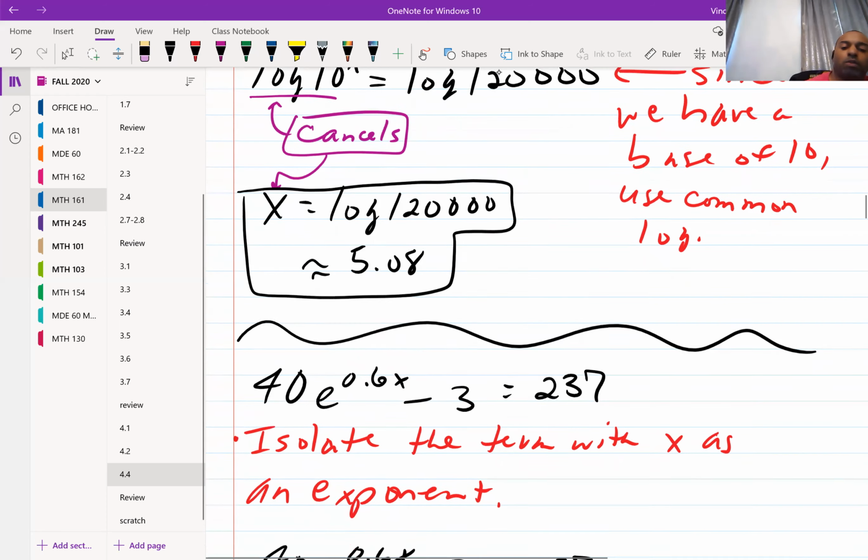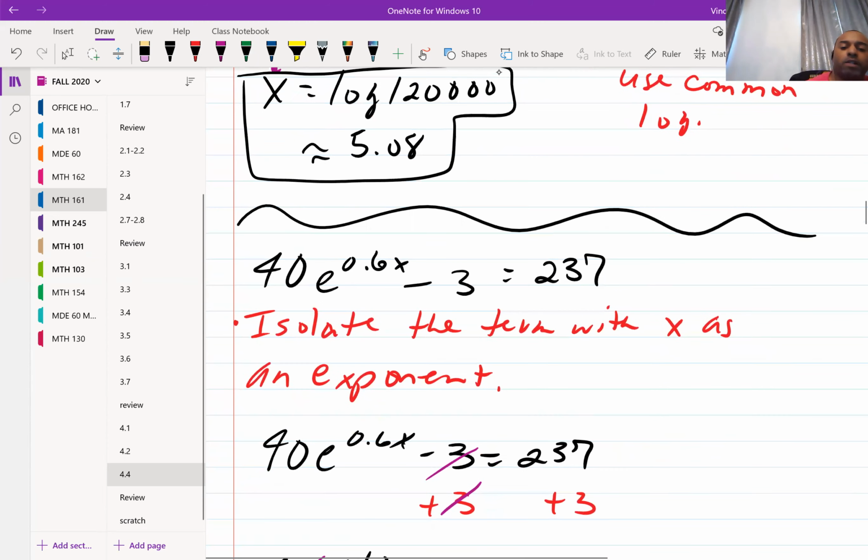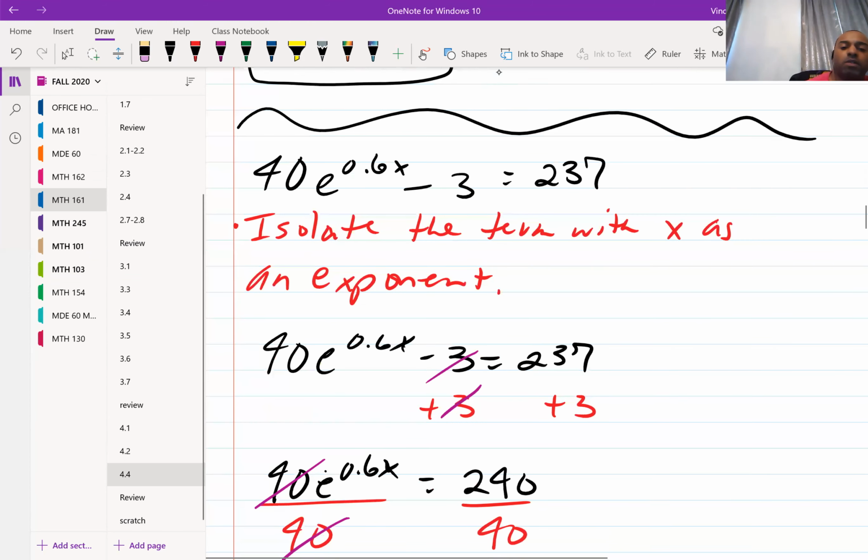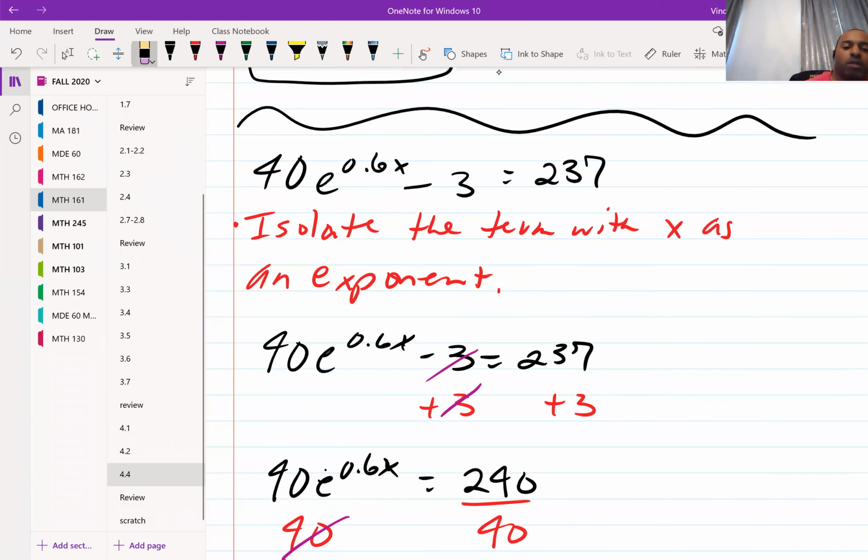All right, so the first thing we'll do is add 3 to both sides. And that will give us 40 e to the 0.6x equal to 240. Then we'll divide both sides by 40.